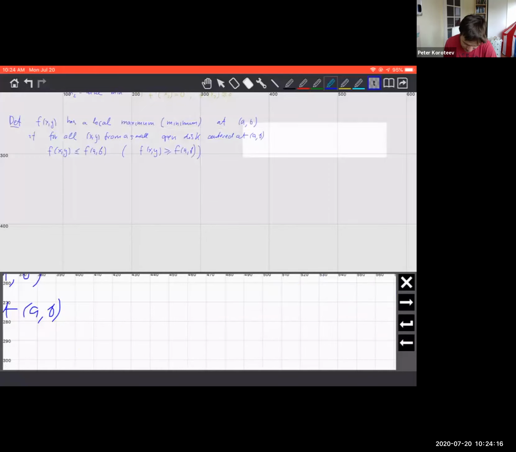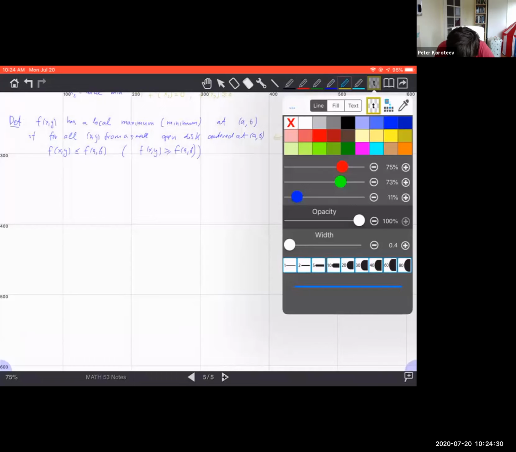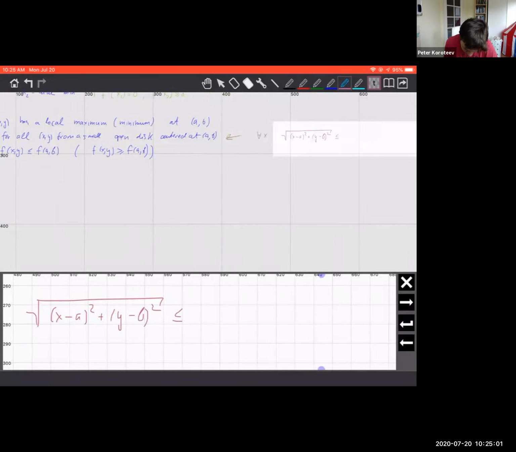This condition about a small disk implies that for every x and y such that the distance, square root of (x minus a) squared plus (y minus b) squared, is less or equal some delta, some positive delta which is arbitrary, it works.